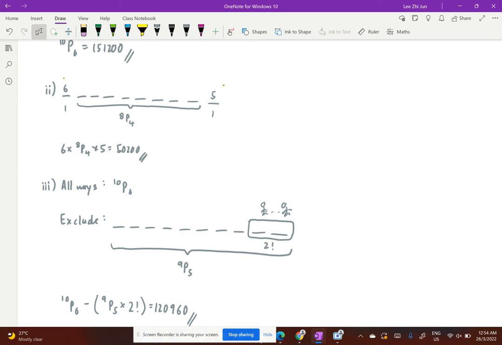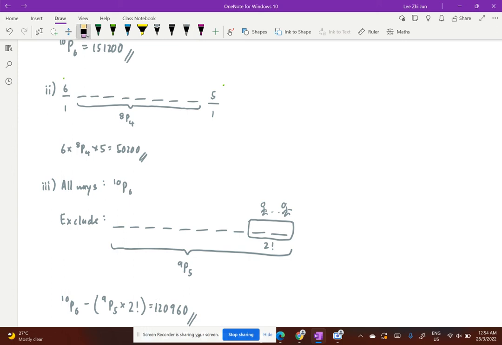So I will get all cases excluding the two students sitting next to each other, so it will be 120,960.